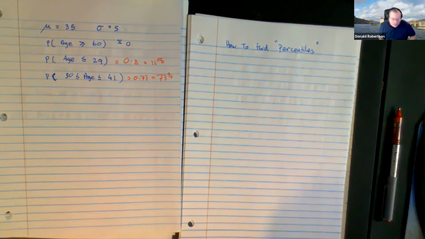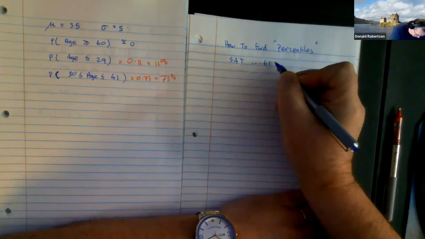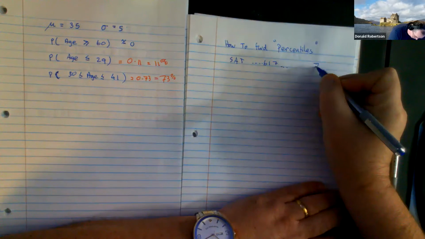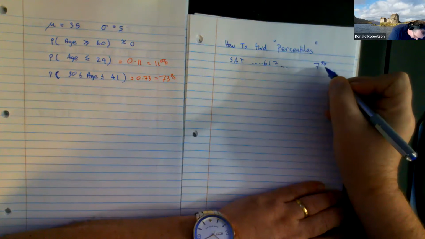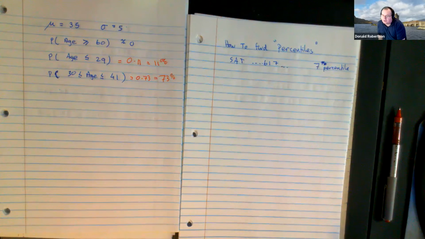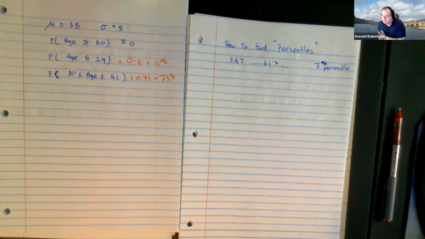So you take the SAT and they give you your score. I have no idea what the SAT scores look like. 617. And they tell you that you're in the 7th percentile. You ever heard that term or seen it somewhere? Right. So what you want to do here is, what percentile is someone in, given their score. And then the second question is, what score would you need to be in a particular percentile? So that's turning the question on its head.